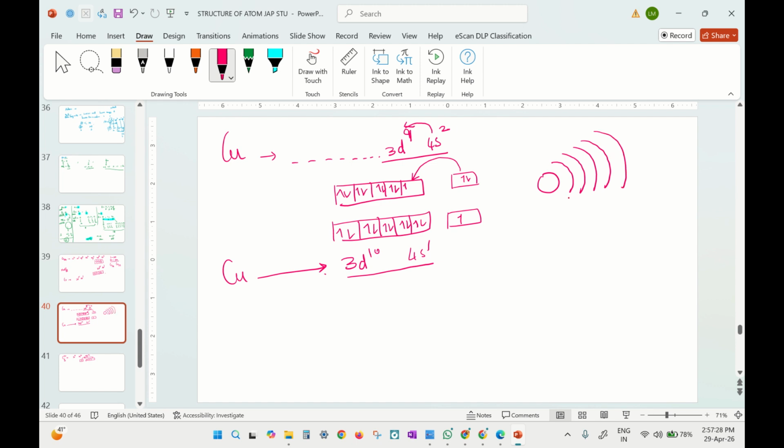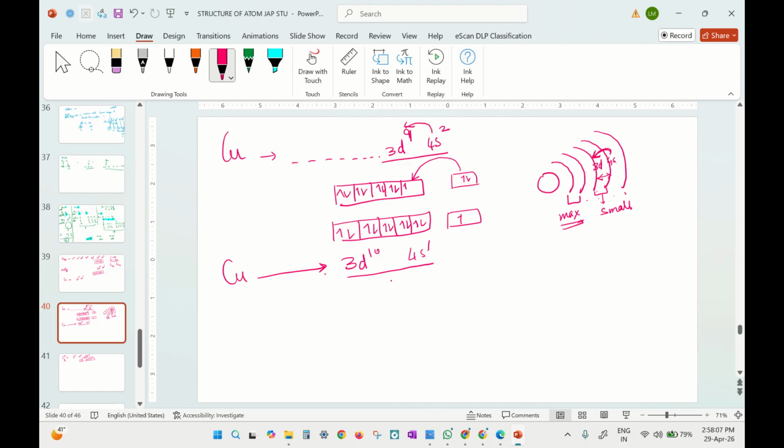The energy difference between first and second is the maximum, and progressively it keeps reducing. So by the time I come to the third and fourth, the energy difference is quite small. That allows an electron from the 4s to get inside the 3d. Also, it is getting nearer to the nucleus, number one. So the energy difference is also quite small, which allows the electron of 4s to move into the 3d.